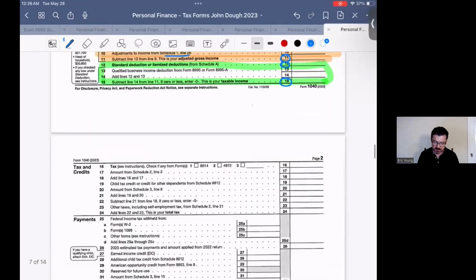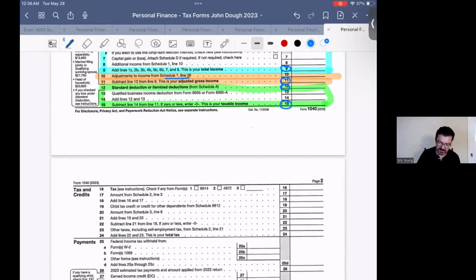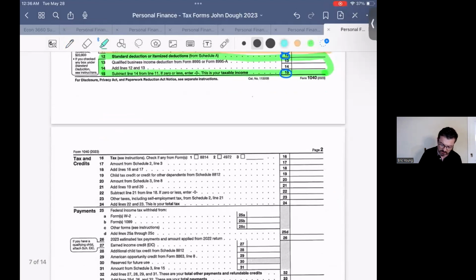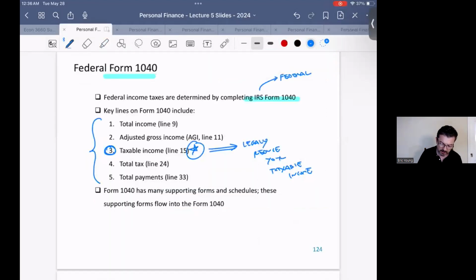Now, if you notice your taxable income on line 16, this becomes the basis for line 24, your total tax. This is the fourth important line, your total tax, the amount of tax that you are accountable for, the amount of tax that you are liable to pay.